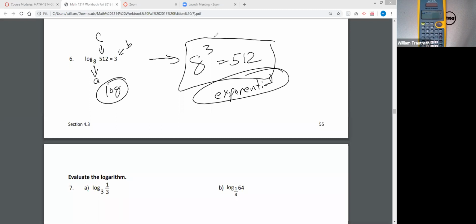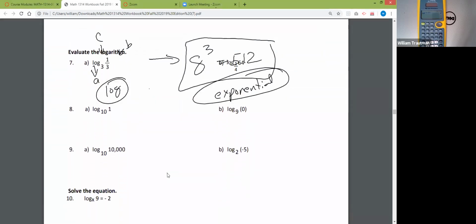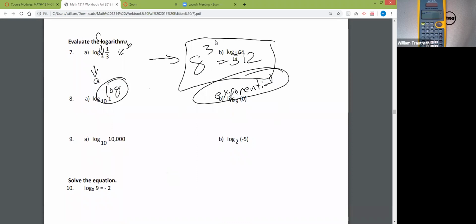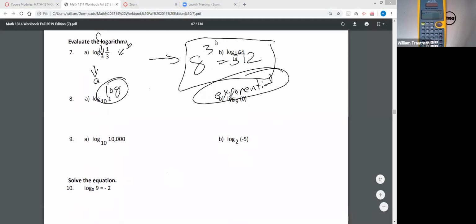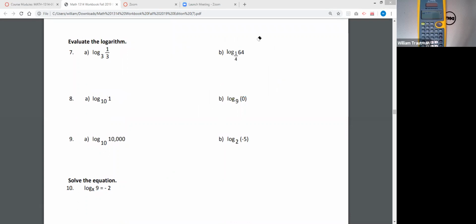All righty. Now we're going to do finding some answers. Let's see what we got. If I can get it up. There we go. All right, so we want to find these answers, the log base 3 of 1/3.